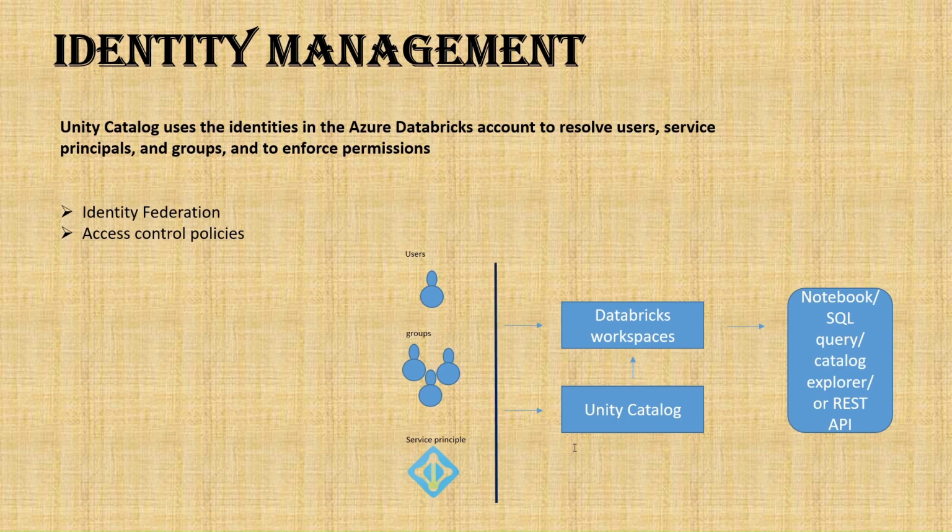The difference is that account groups can be granted access to data in a Unity Catalog metastore, whereas workspace local groups are local to the workspace. It means they cannot add access to additional workspaces, right? That is purely for the local workspace.